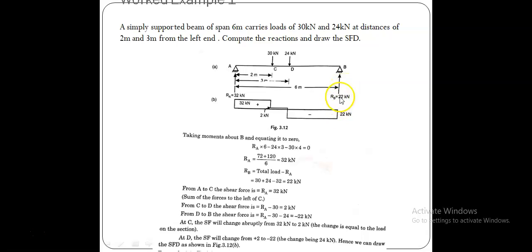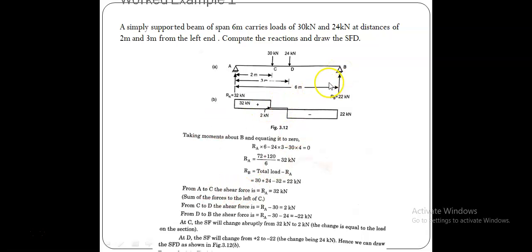So let RA be equal to 32, the total load is 54, the remaining load must be shared by support B. So 54 minus 32, that is 22 kilonewton, is the reactive force at support B.